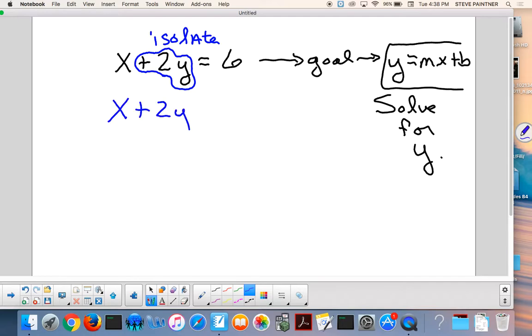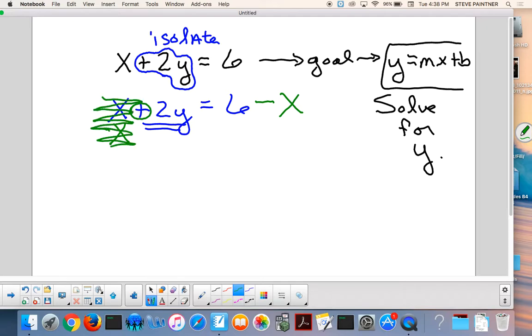So because you see 2y plus x, the only way to get rid of addition, the opposite of adding x, is to subtract x. So now, you got to get on the other side and subtract x. So then that x minus this x cancels out.